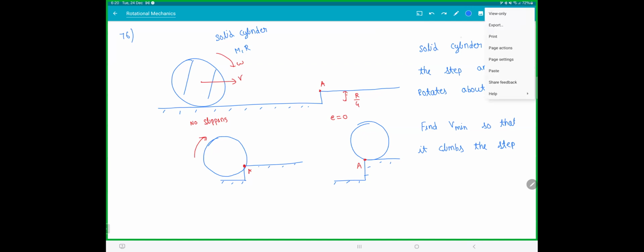So if you try to draw the free body diagram, this is the thing just before collision.